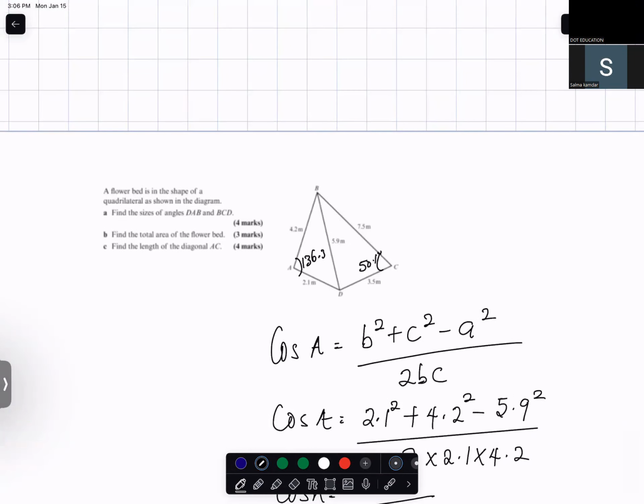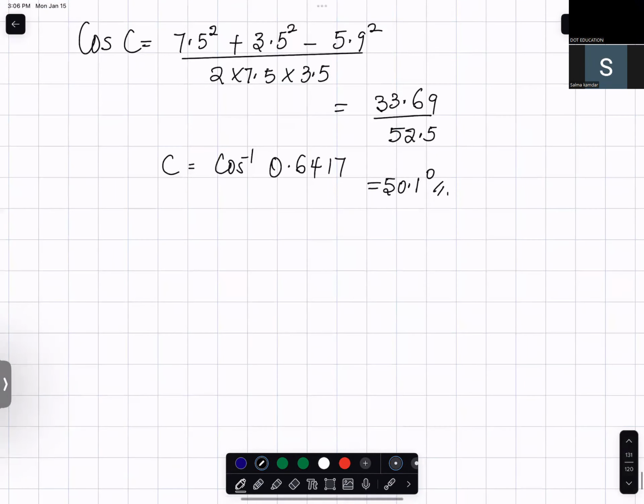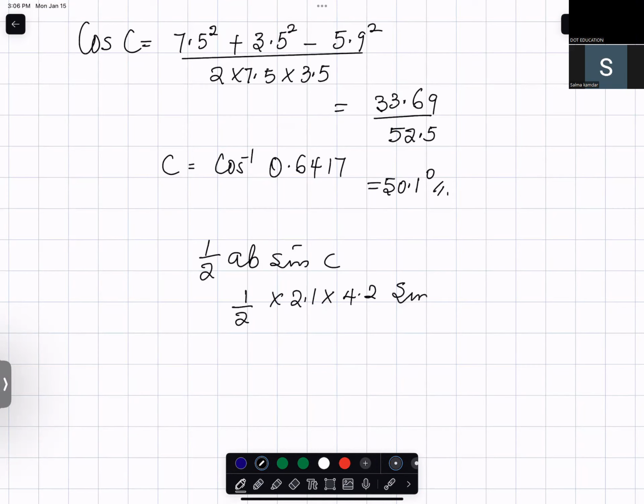The next part of the question is finding the total area of the flower bed before we go to the diagonal. Looking for the area, I'm using half ab sine C. So I have half into 2.1 times 4.2 sine 136.3. That is for the first triangle, because we have two triangles, and it gives 3.05.